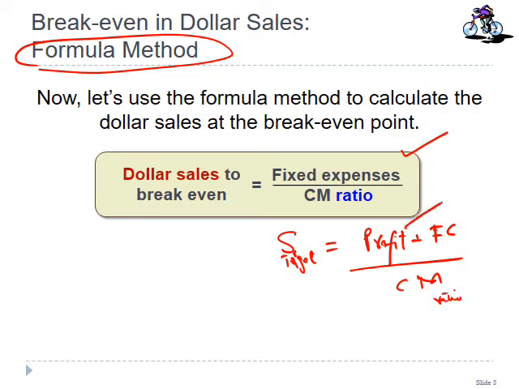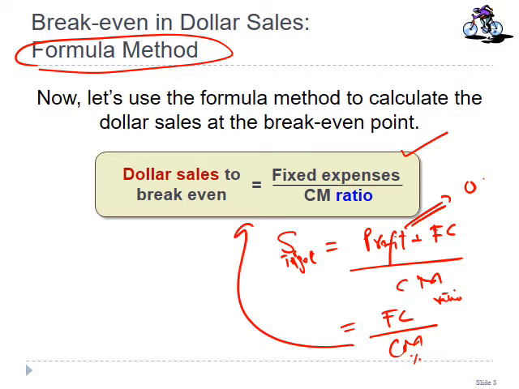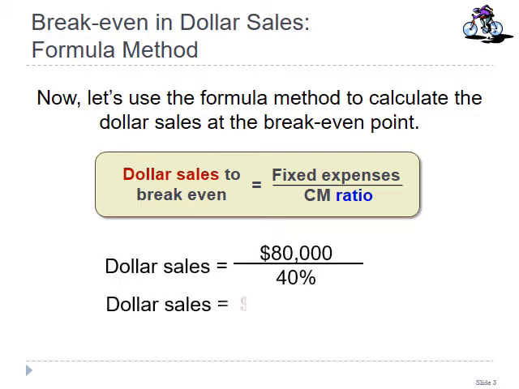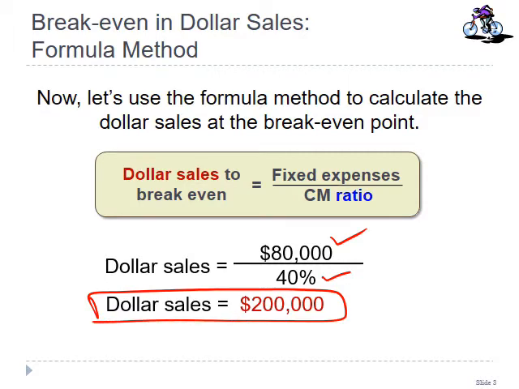In that case our profit is equal to 0, so you just put 0 here. That becomes fixed cost divided by CM in percentage, right? So this is the same formula. So here you just apply this, you can find out 80,000 is our fixed cost, 40% is our CM ratio, and it's the same dollar amount. So it's up to you whichever method you want to use, or you can easily grasp.